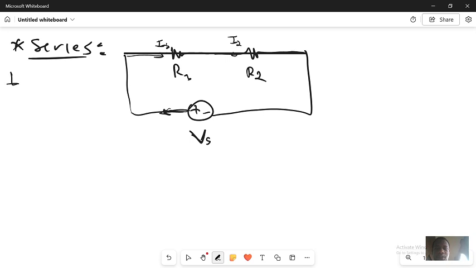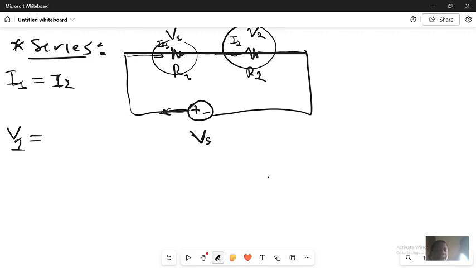This means that in series I1 equals I2. Now I have V1, the voltage across resistor R1, and V2, the voltage across resistor R2.